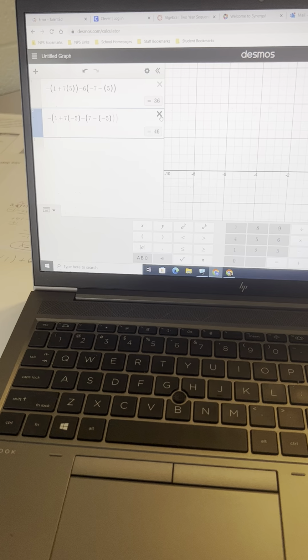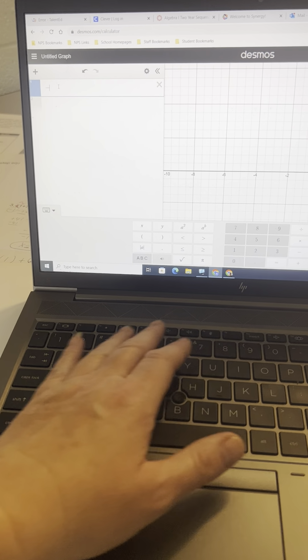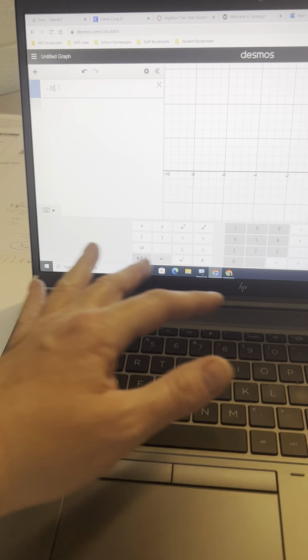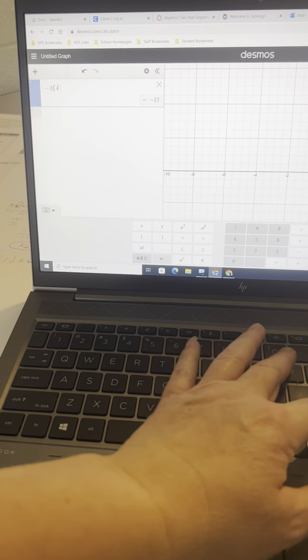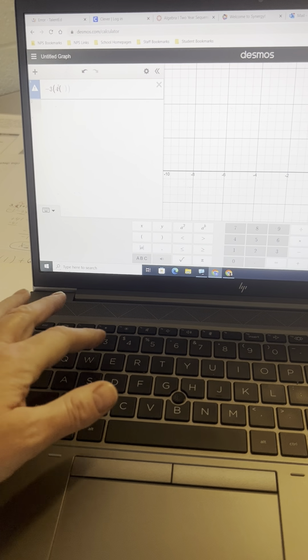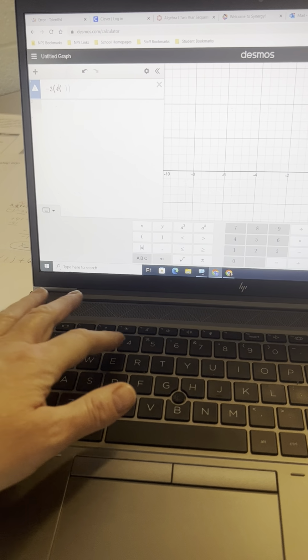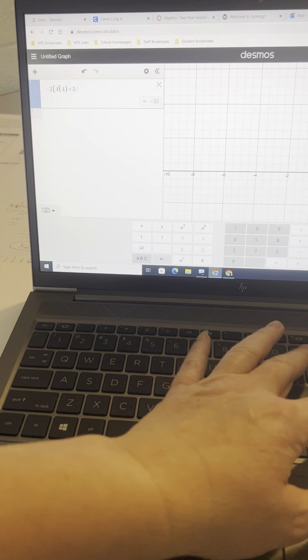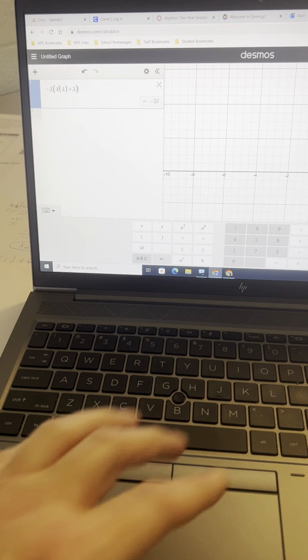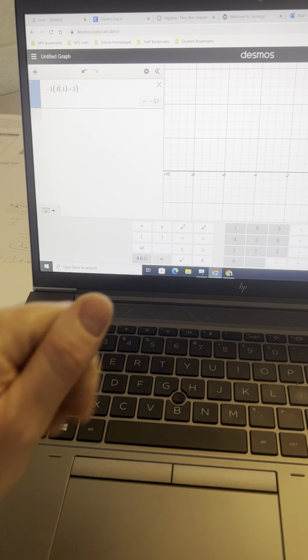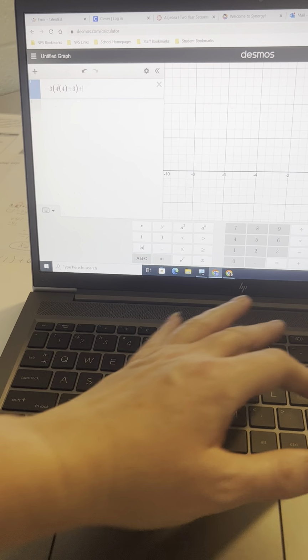Let me clear these. Okay, so negative 3. See, I'm putting parentheses instead of multiplication. I'm sure multiplication will work, but in algebra, get a sense of using parentheses instead of the dot or x like previously.